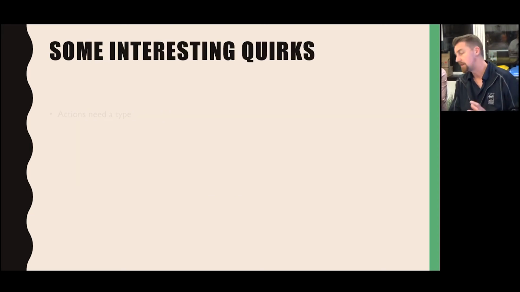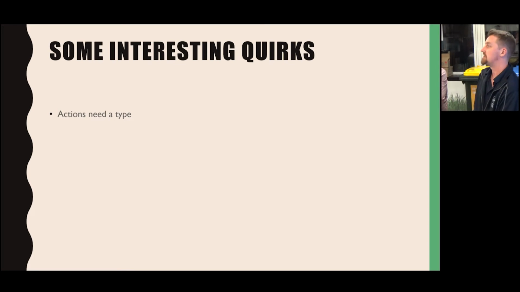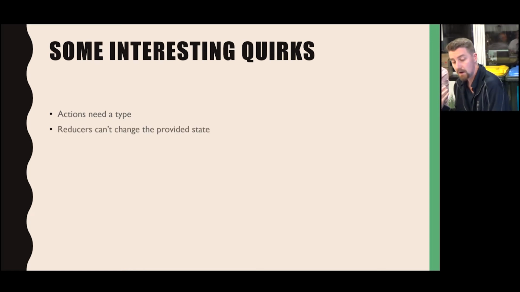So just some interesting quirks about the way Redux works is that, as I said, with actions you need some way to be able to identify what that action is. JavaScript being an untyped language, we have a type property that we put on there that we go look at and ask, what's the type of this action, and make decisions on how we can do something with it. As I said, reducers can't change existing state, they can only return new state.